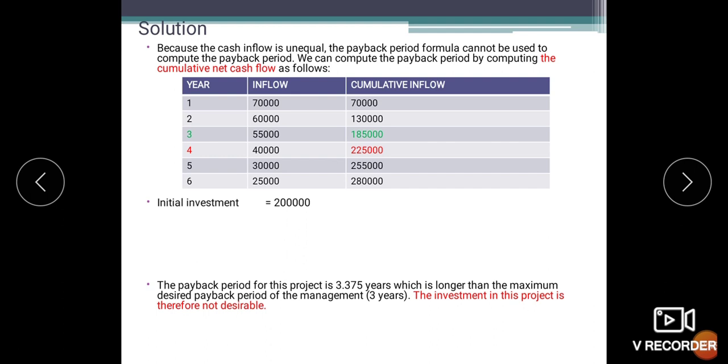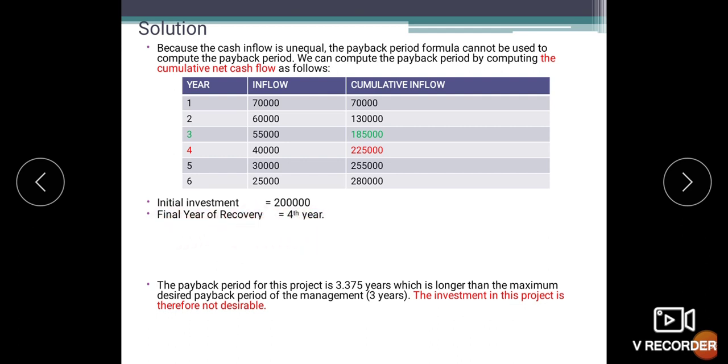Because 3 years is not sufficient and 4 years is not needed to get this 2 lakh rupees. That means this fourth year is the final year of recovery. So we can write: the final year of recovery is the fourth year.